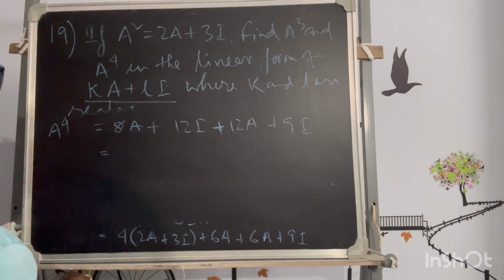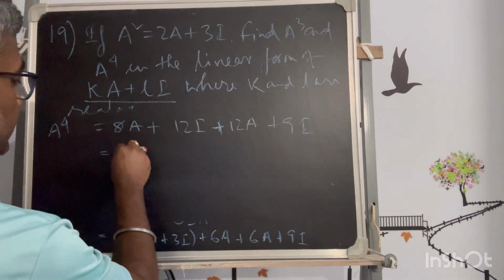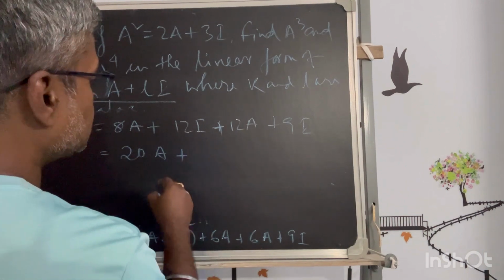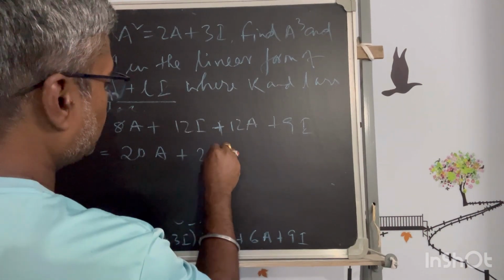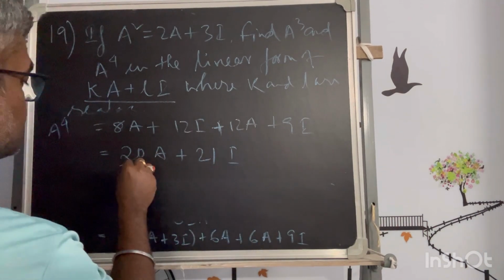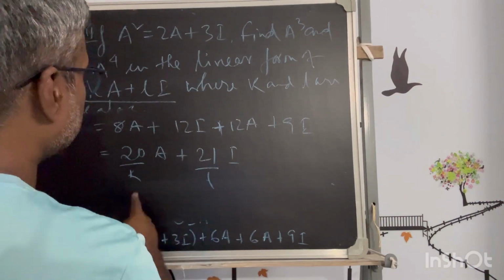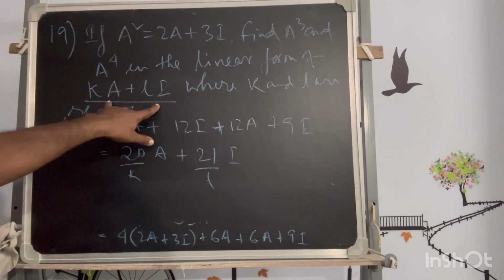So this is equal to 20a plus 12 and 9, 21I. So this is your k value, this is your l value, and it is represented in this form.